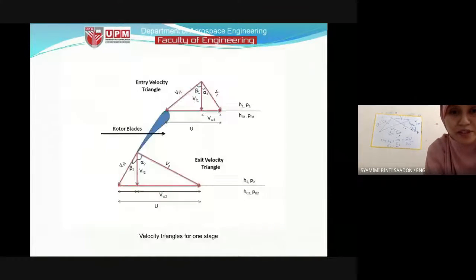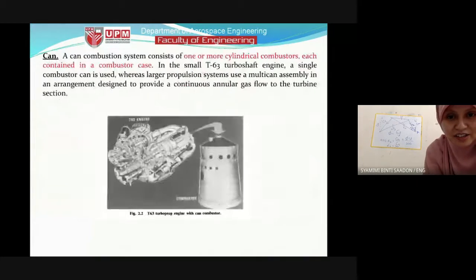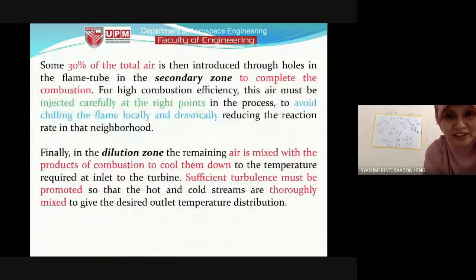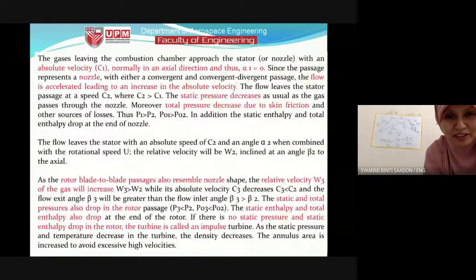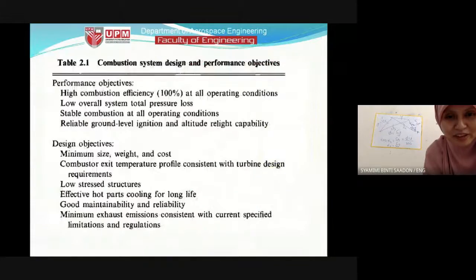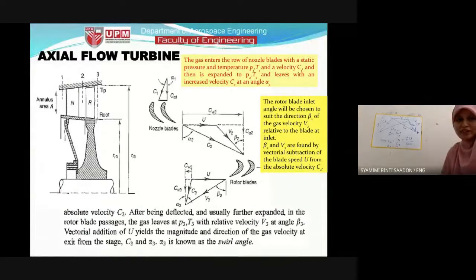This is the compressor, sorry, the turbine. For the turbine, the relation between beta and alpha, you can use this one.